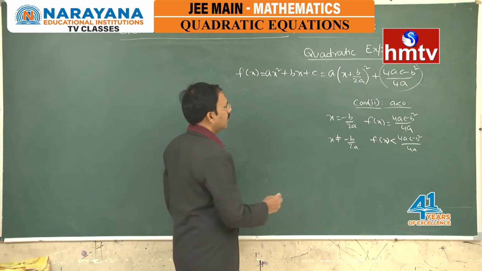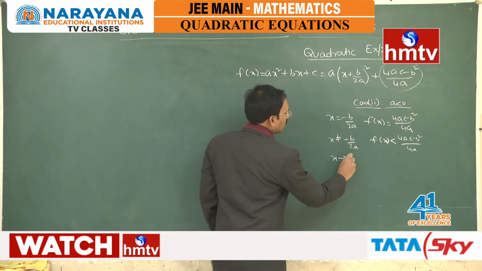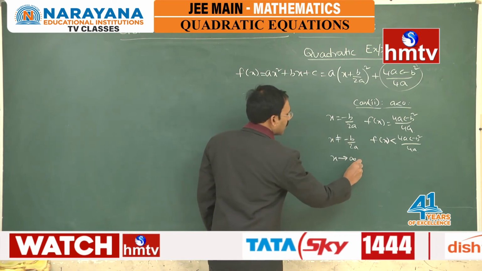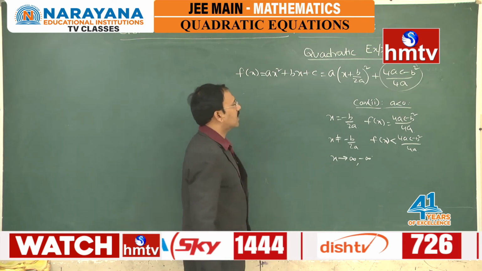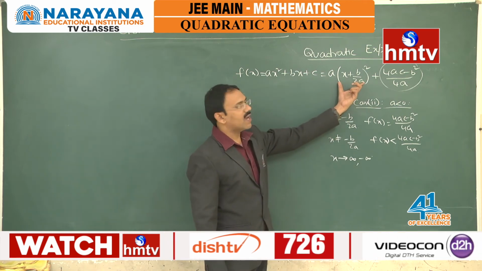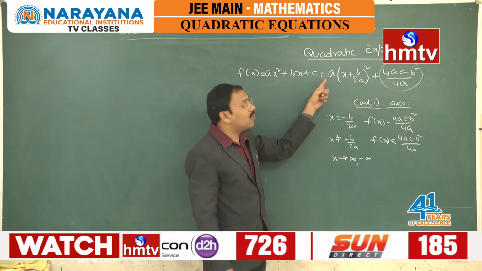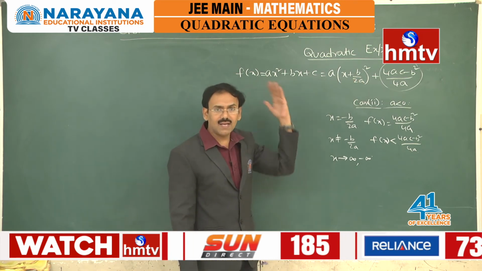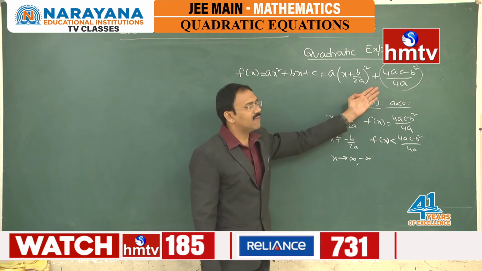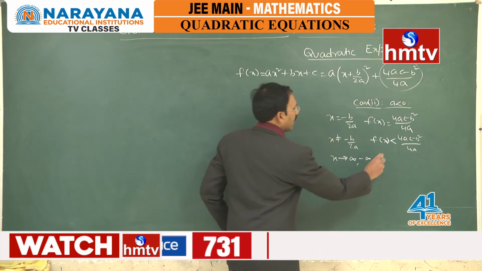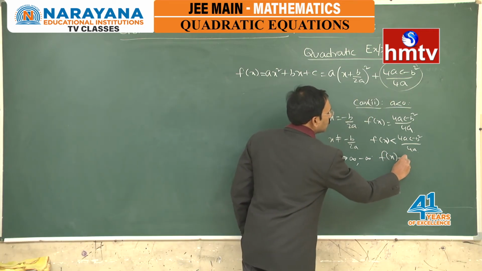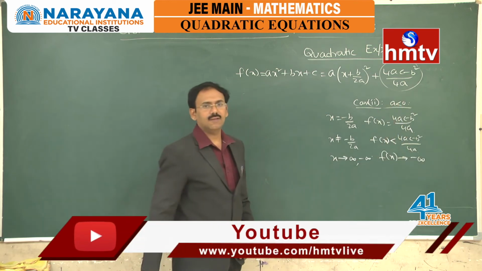Then thirdly, as x extends to infinity or minus infinity, in both the cases, this square will be positive and going to infinity, into a negative number goes to minus infinity, plus a finite number. So, f of x goes to minus infinity.